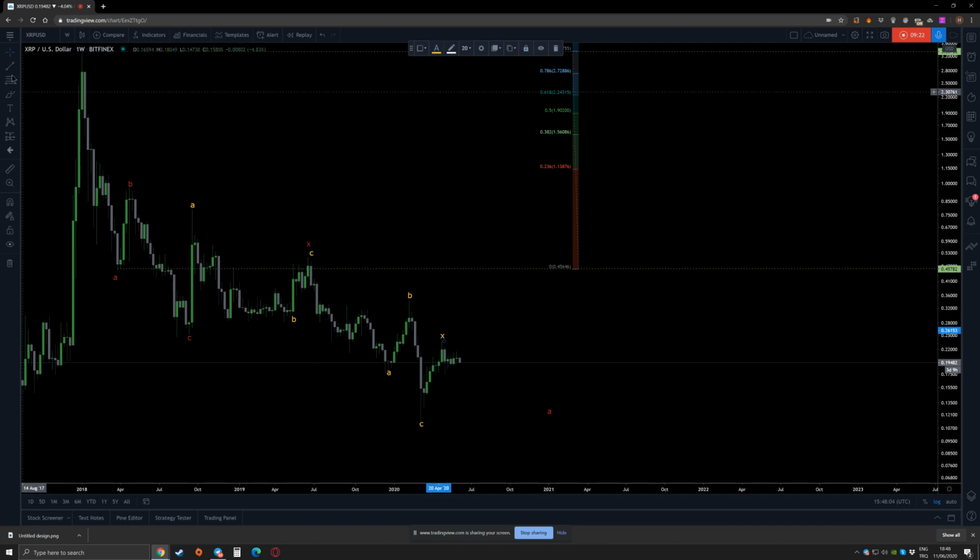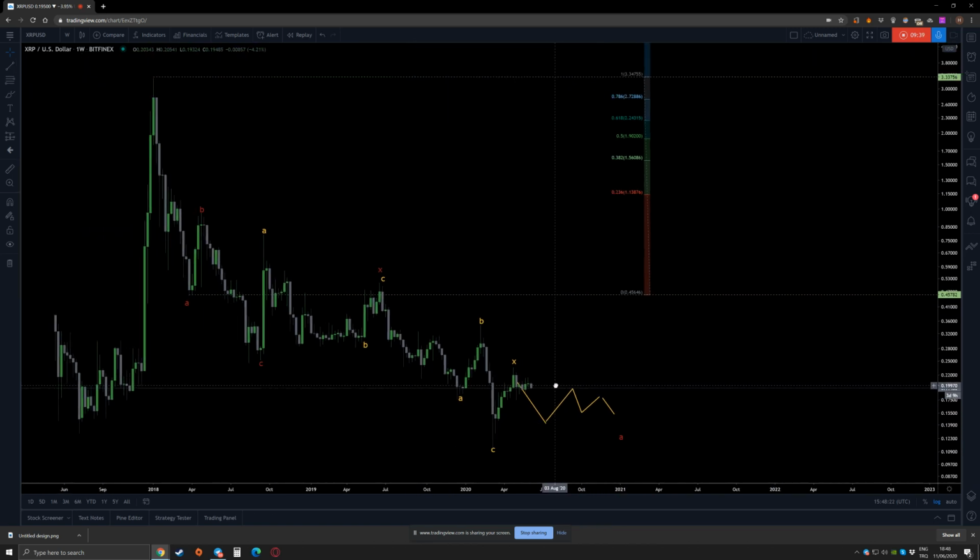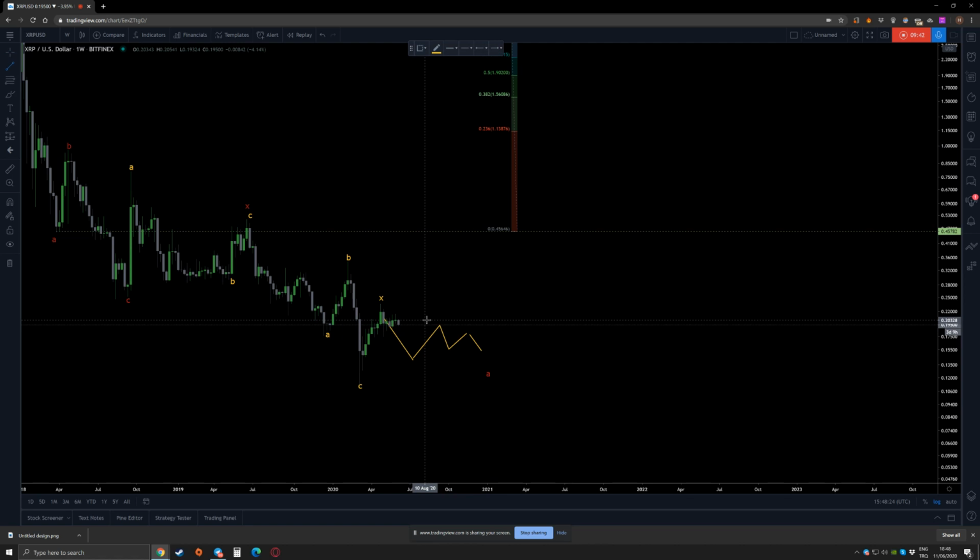So let's say that the market will do something like A, B, C, D, and an E. So this type of triangle formation, if the market is doing this. So let's go back. If it does something like this, after this E wave, prices go up. Now maybe this is the wave A.